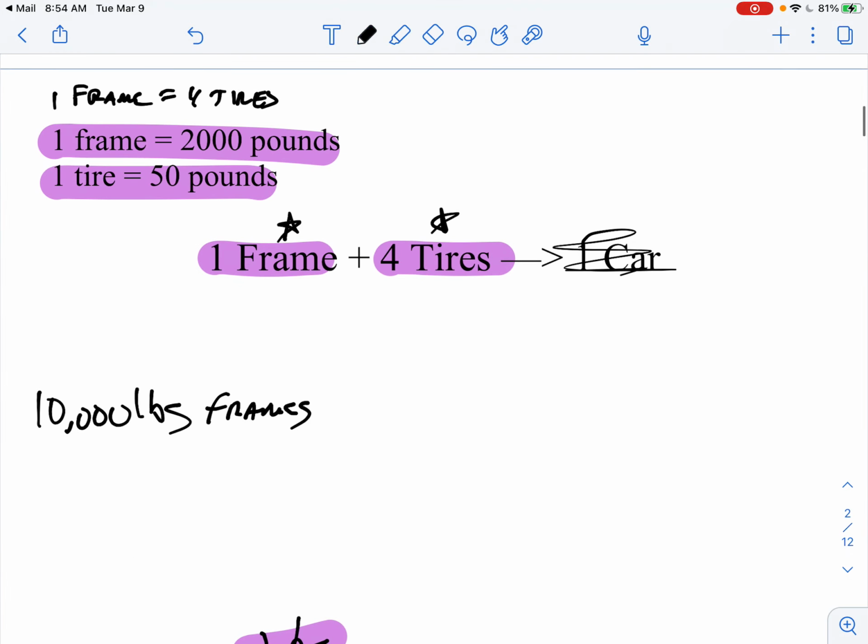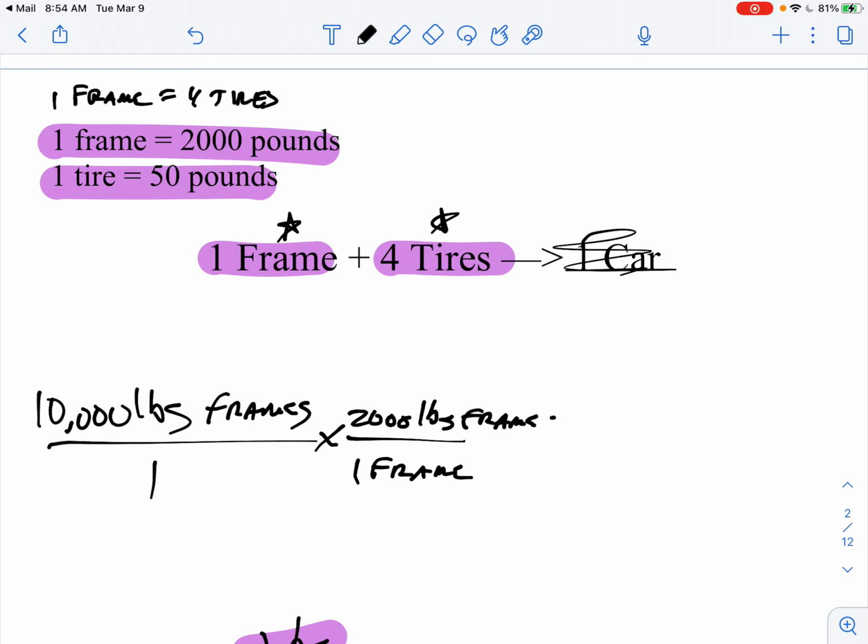So I'm going to start with 10,000 pounds of frames over 1, because that's what was given to me in the problem. And then I'm going to multiply that by one frame over 2,000, whoopsie, see, look at that. Even we make mistakes. Pounds of frames, and if I were to do it that way, I'd be wrong because I have pounds and pounds.